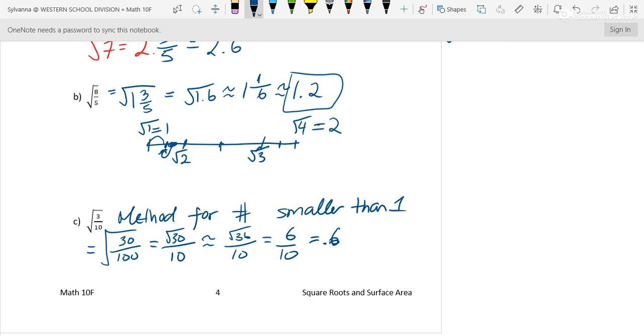Now, if I were to put this into my calculator, the root of, and you had to do a bracket of 3 over 10, that would be 0.547. So, I mean, we're kind of close to it, but we're not exact. And that's okay because, like I said, we're approximating.